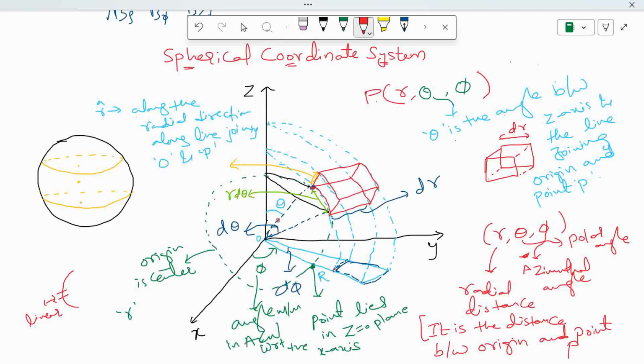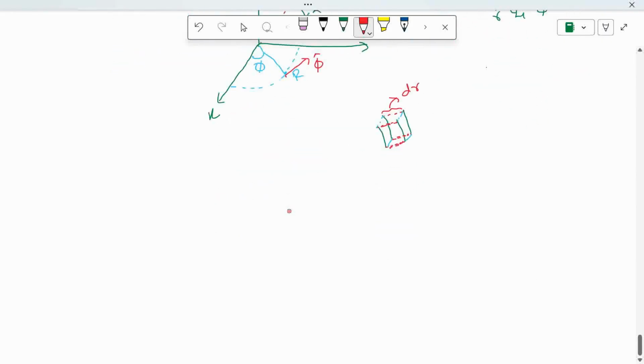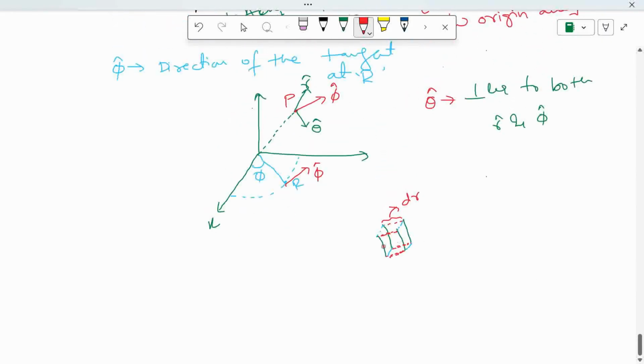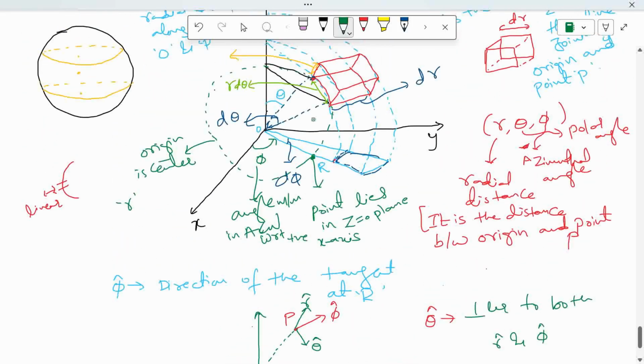So the arc length will be length times the angle. That's why this length will be r d theta: radius times the angle. Here the radius is nothing but the radial distance when we consider this circle.